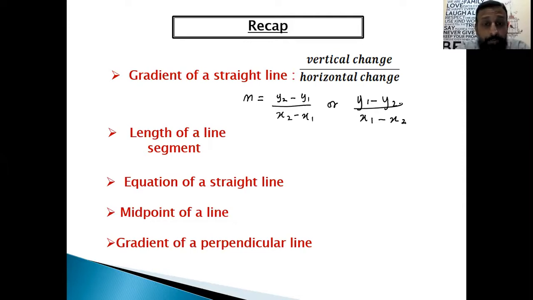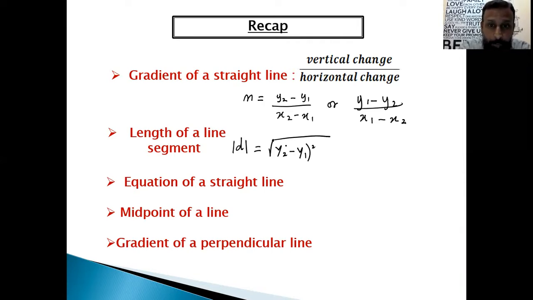All right, the length of the line segment, this is also called the distance between the 2 points. So we represent it with the letter D, D for distance, and the formula which we have been using is the square root of y2 minus y1, the whole square, plus x2 minus x1, the whole square.